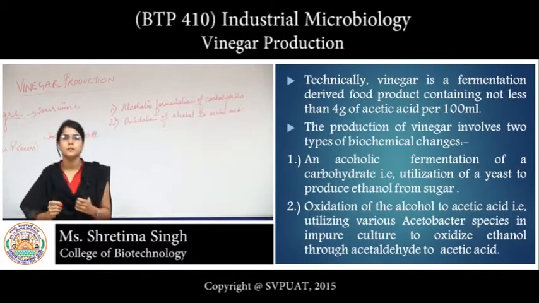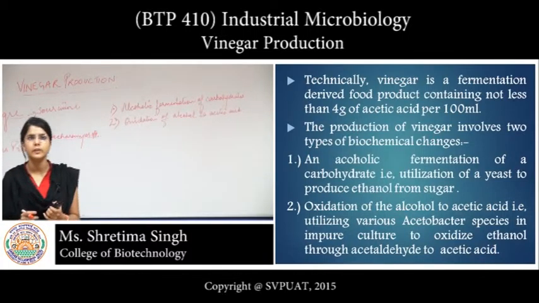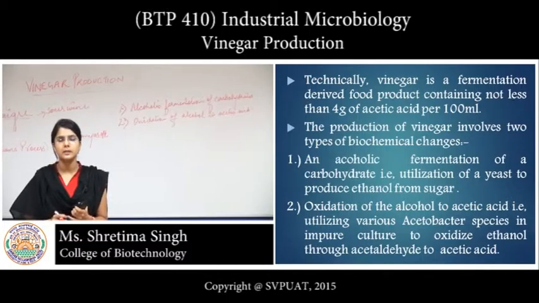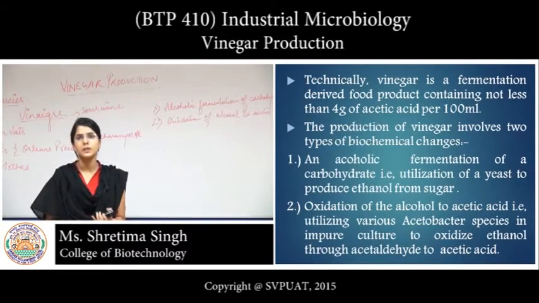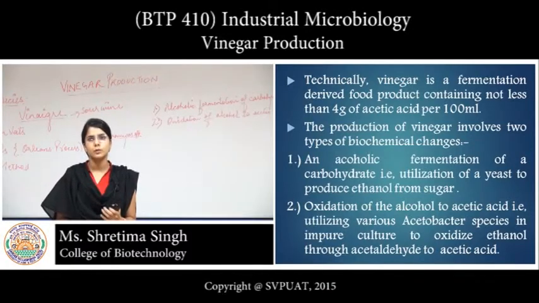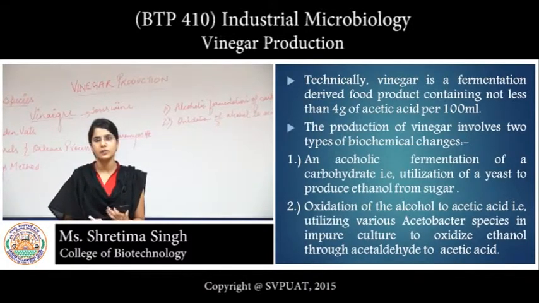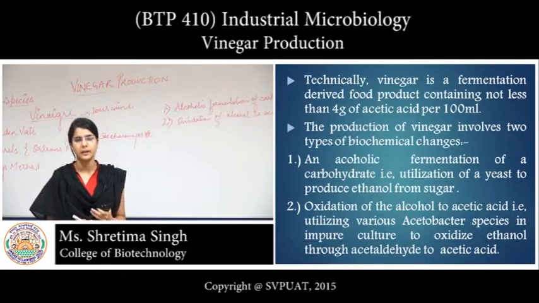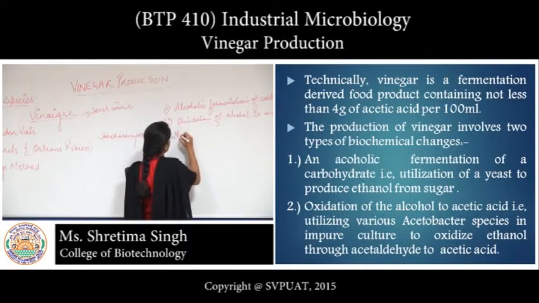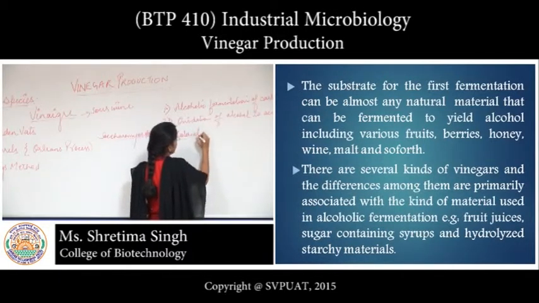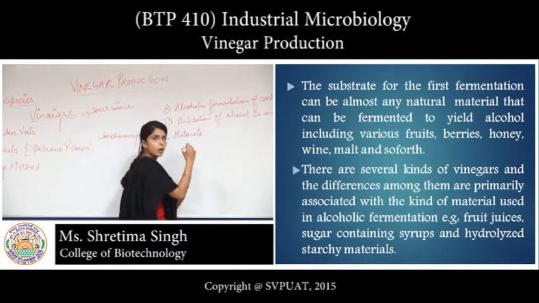Now there are various types of vinegar produced using different materials, and the differences among them are primarily because of the material used. They can be categorized into different types on the basis of the materials used for alcoholic fermentation.